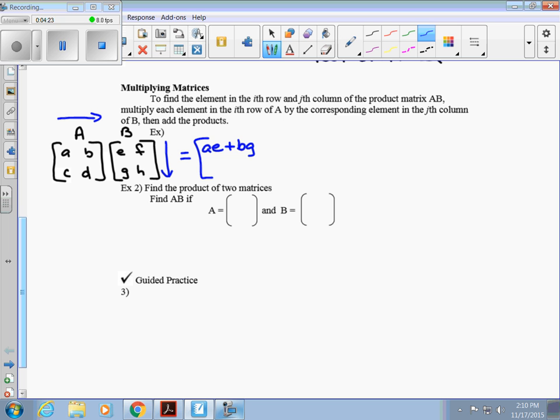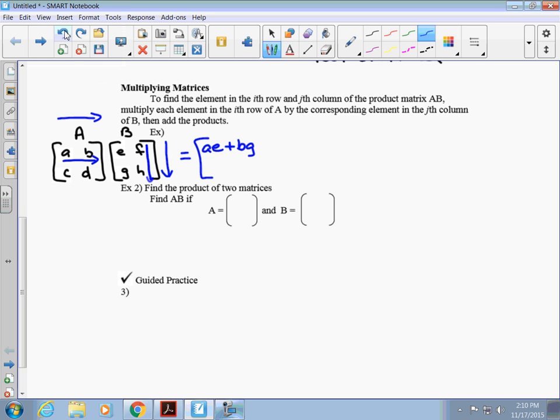Now we're going over to row 1, column 2. So it's going to be AF plus BH. Now we go to row 2, column 1.